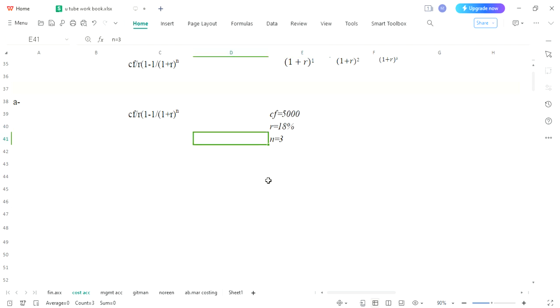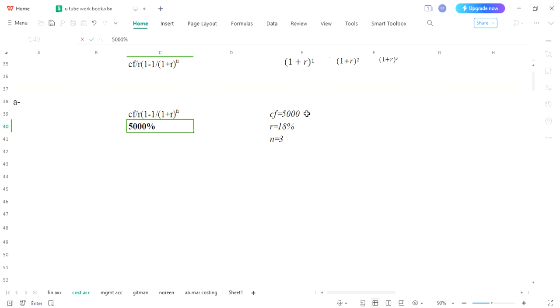So in this way all inputs are ready and now we are open to put them in our formula. Cash flow amount is 5,000. Write down 5,000. Please follow this formula. Then you need to divide it by R, and that is 18%. 18 divided by 100 means 0.18, and then you will open your bracket, follow the formula: 1, then minus, again you will be putting 1 and then it would be divided by 1 plus R. R is 18%, which is 0.18.